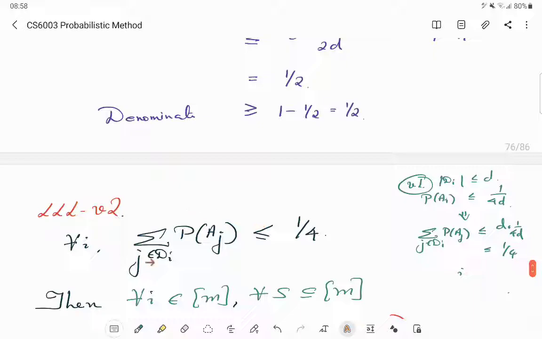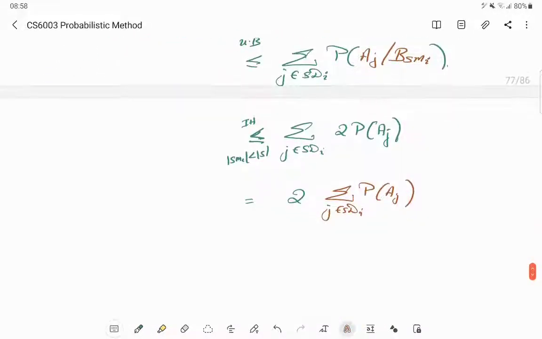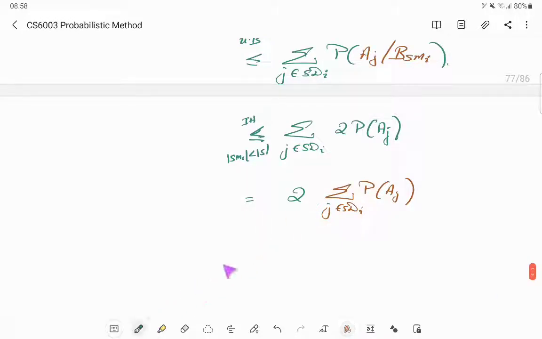Okay, our V2 says that this sum for any i is at most 1 by 4. Okay, so this is 2 times, this whole sum is what our LLL V2's hypothesis says is at most 1 by 4. So this is equal to half.